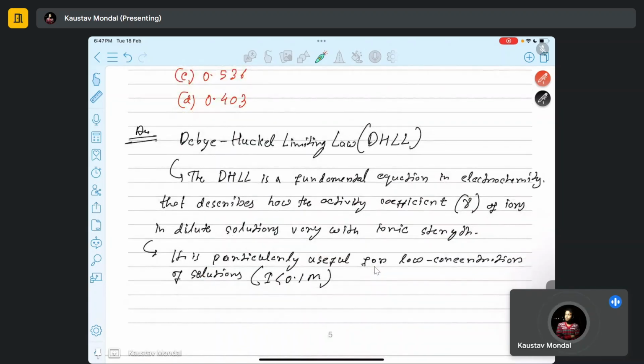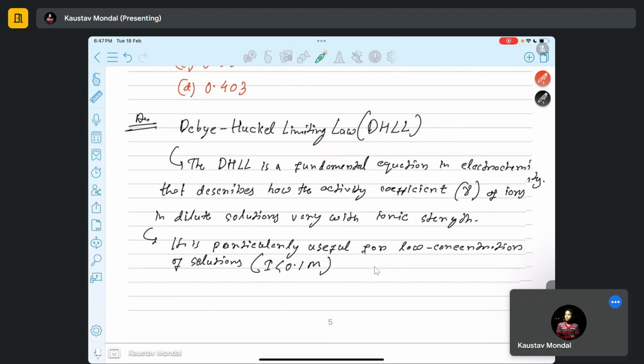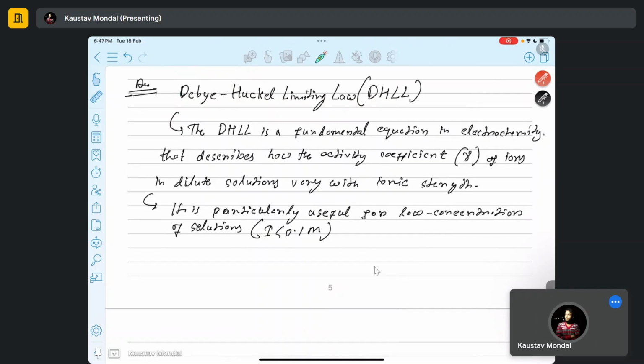That is determined by using this Debye-Huckel limiting law. The main assumption behind this law is that the solution should be in low concentration, so that I should be less than 0.1 m.